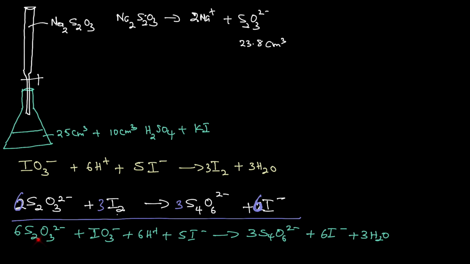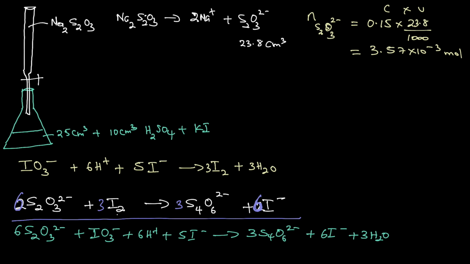And we do know the mole of these because we're given that. The mole of S2O3²⁻ is concentration times volume, and the concentration is 0.15, and the volume used is 23.8 divided by 1000 to convert it into dm³. So that's concentration times volume, and that gives a value of 3.57 times 10⁻³ mole.